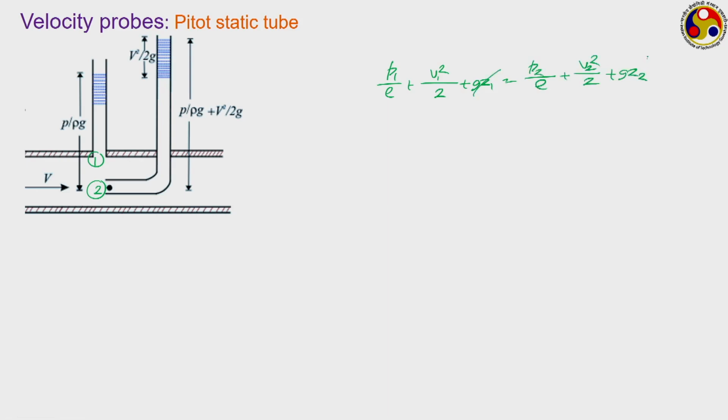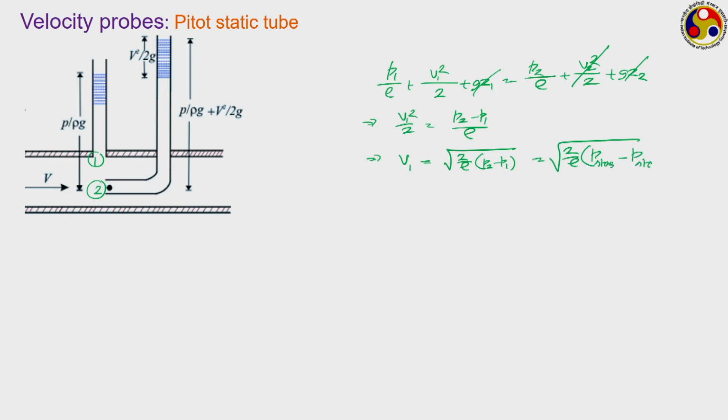Quite often we can neglect the change in elevation because they are mounted at almost the same elevation, and V2 being a stagnation point, V2 also goes out. Accordingly, V1 square by 2 is equal to P2 minus P1 upon rho, V1 is equal to square root of 2 by rho into P2 minus P1, or we can also write this as 2 by rho into stagnation pressure minus the static pressure.